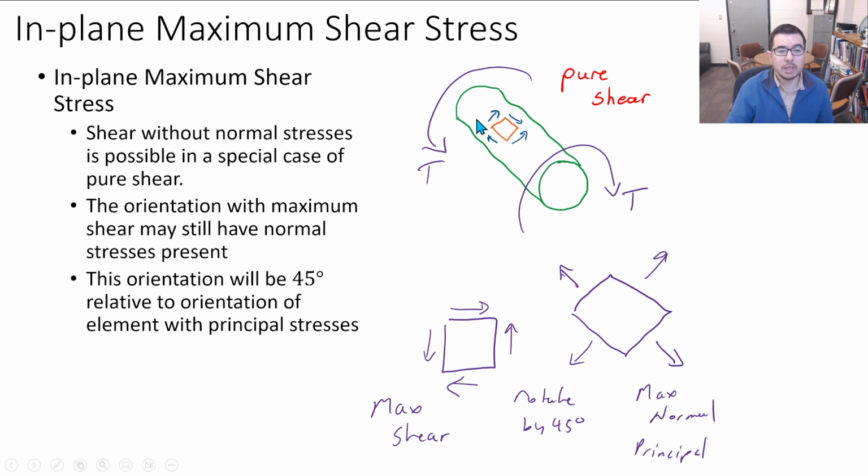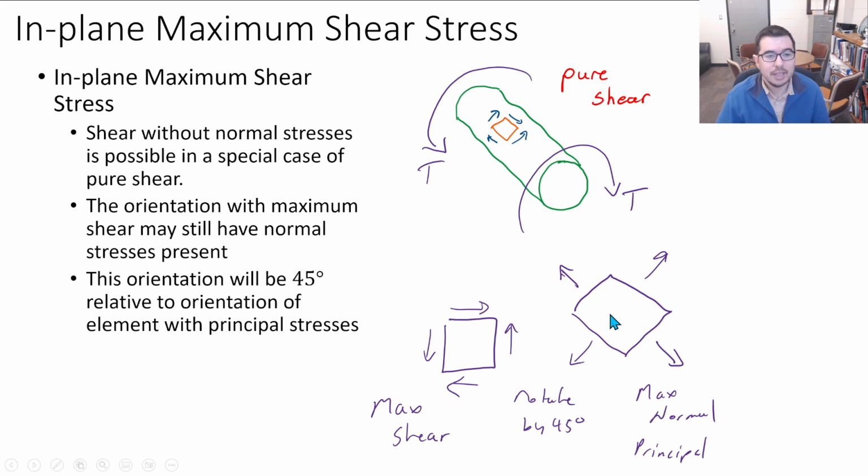And what's interesting is that you can then also find 45 degrees. If we rotate this element 45 degrees, we can find a state of in-plane principal stresses. They're normal stresses. Okay, and this calculation can be done without too much difficulty.